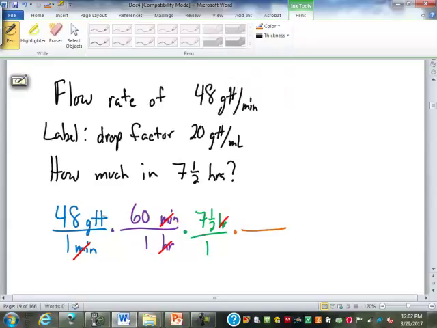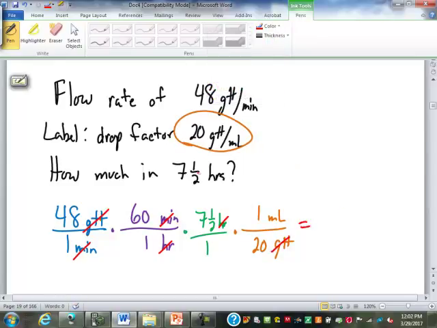Now I have to get rid of drops. They're on top here, so they have to go on bottom over here. And I have my 20 drops per milliliter, so it's 20 drops in 1 milliliter. Again, that's upside down for the drop factor, but we're going in reverse here. So the drops are gone.